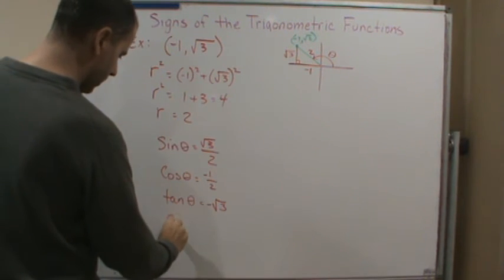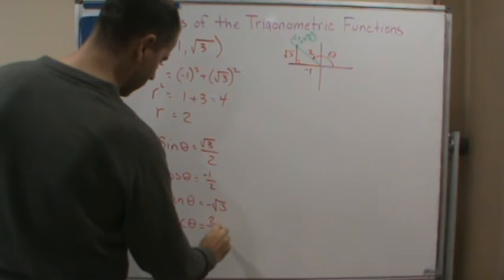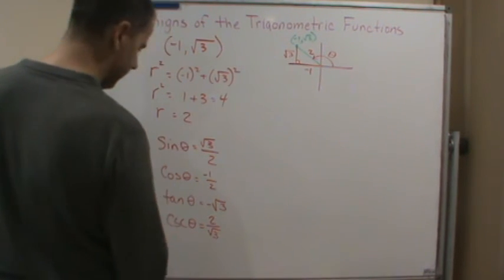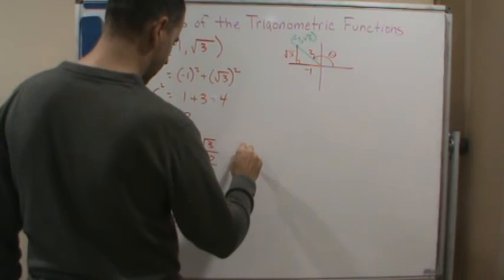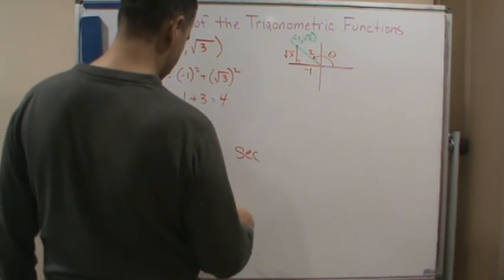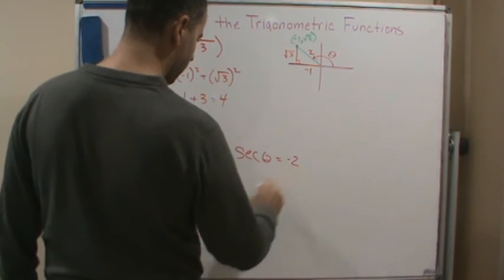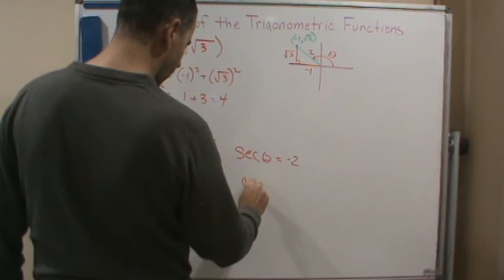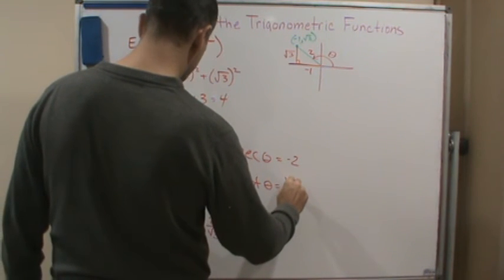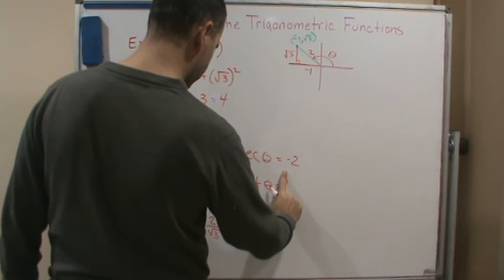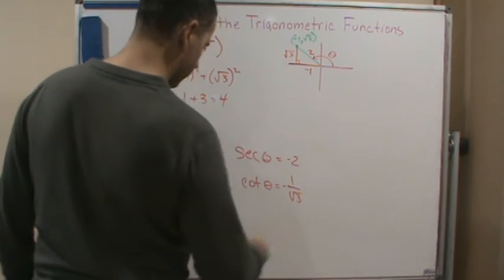And then, of course, cosecant theta is going to be 2 over the square root of 3. And then, of course, secant is going to be what? -2. And cotangent theta is going to be -1 over the square root of 3.